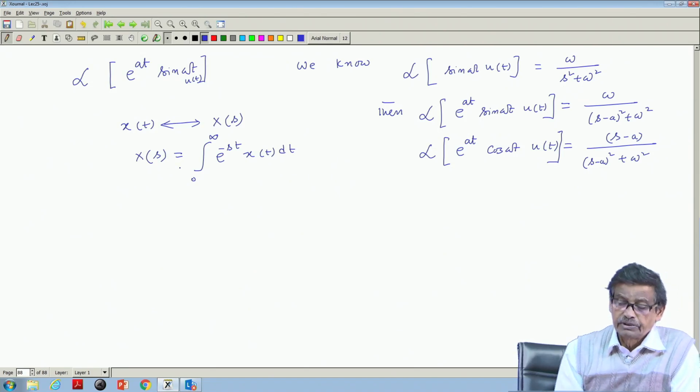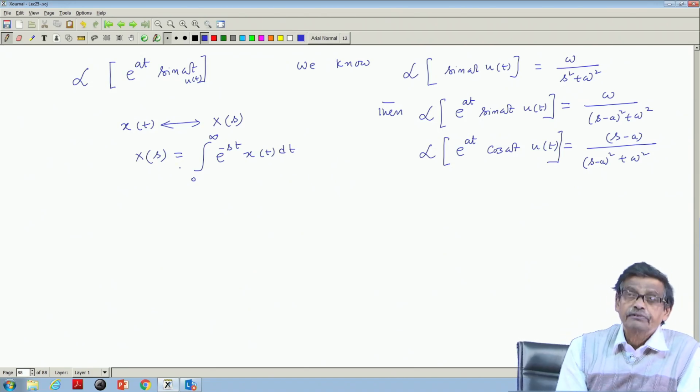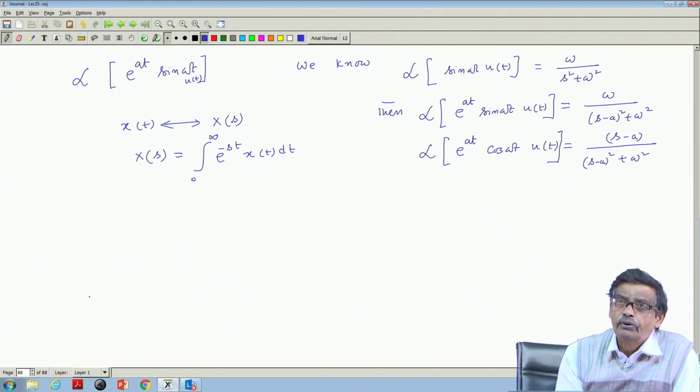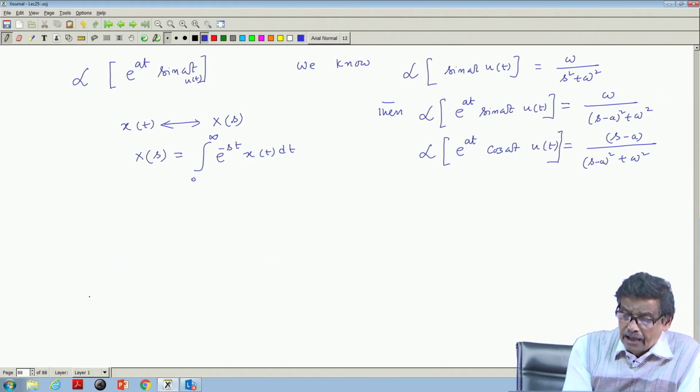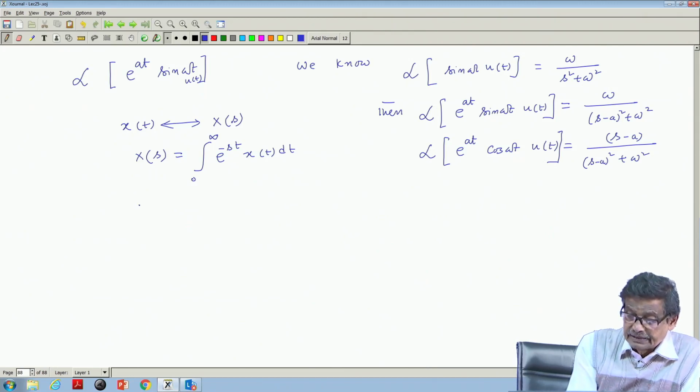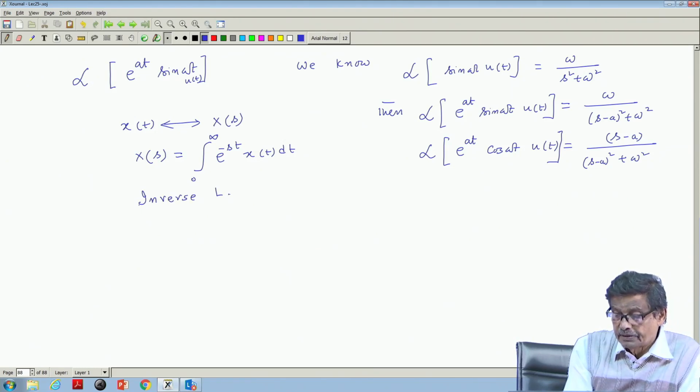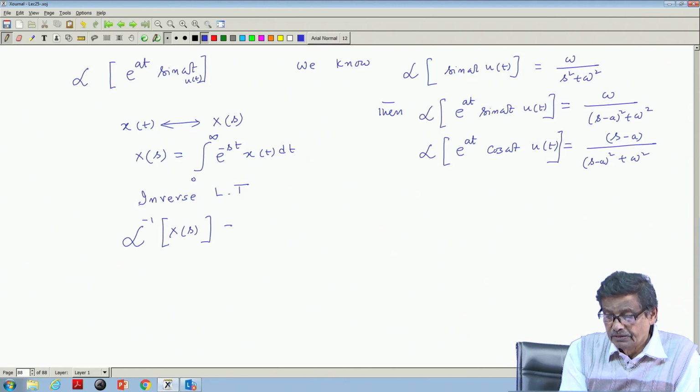Is that not so? That is what we have been writing. What is the inverse relationship? That is, if I know X s, what should be x t? I will simply write down without proving anything that the Laplace inverse of X s is equal to x t. It will give you x t.